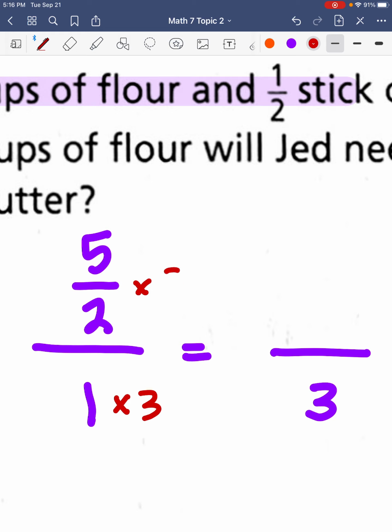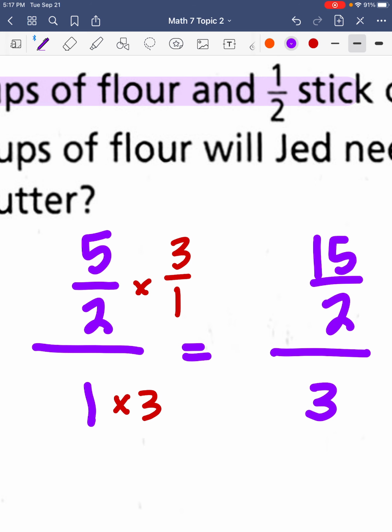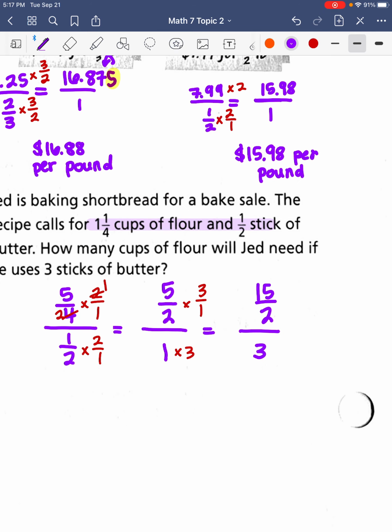And if I just multiply by 3, that's the same thing as multiplying by 3/1. So now I'm simply just going to multiply across because nothing reduces here. 5 times 3 is 15. And then 2 times 1 is 2. So I have 15/2 cups of flour for every 3 sticks of butter.